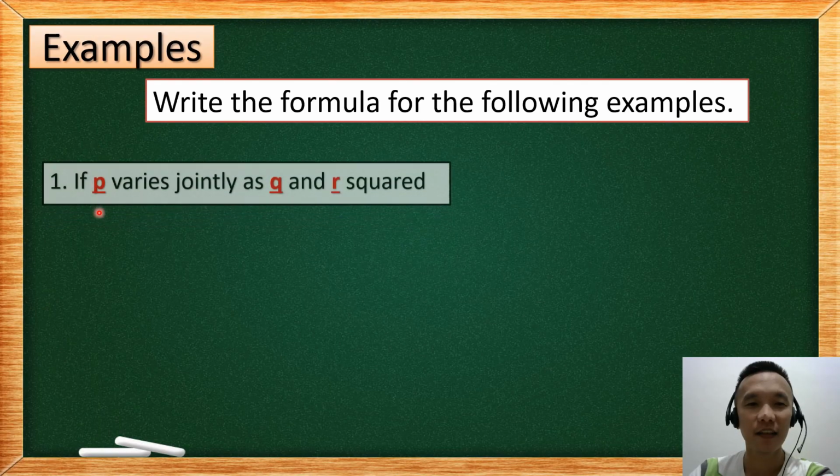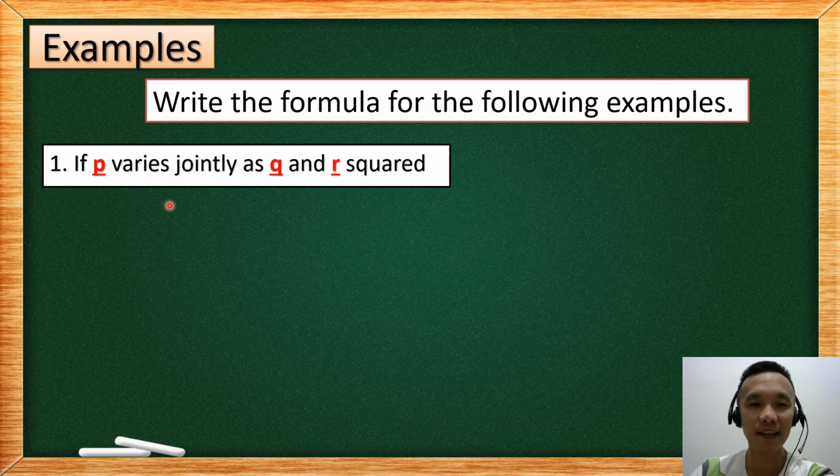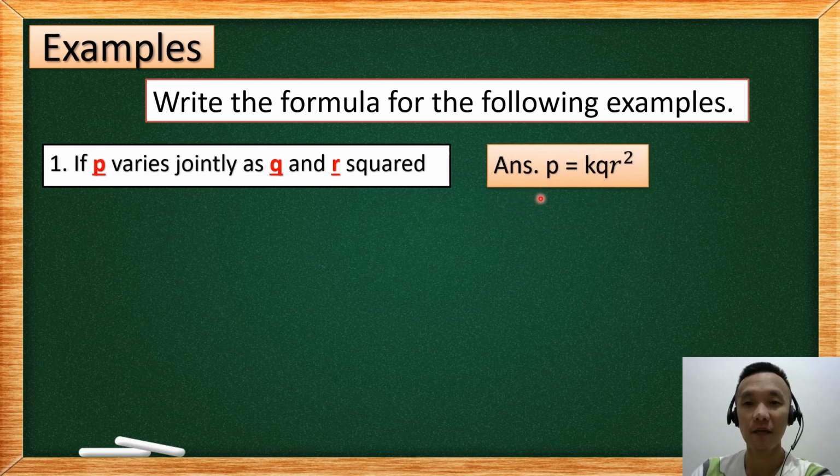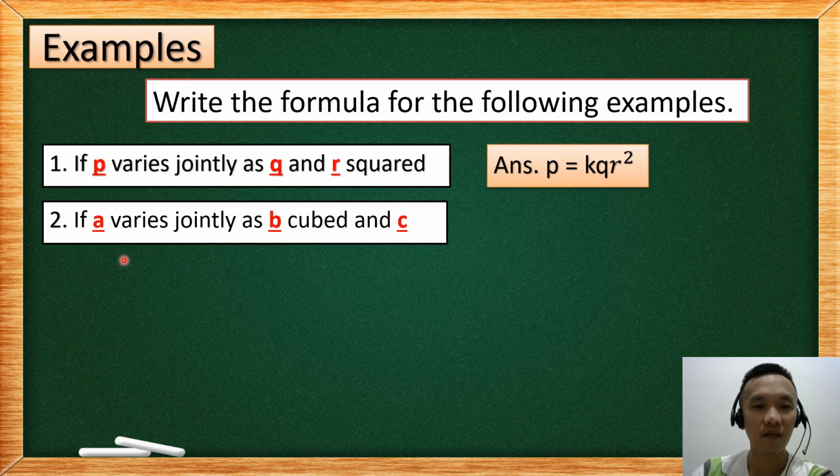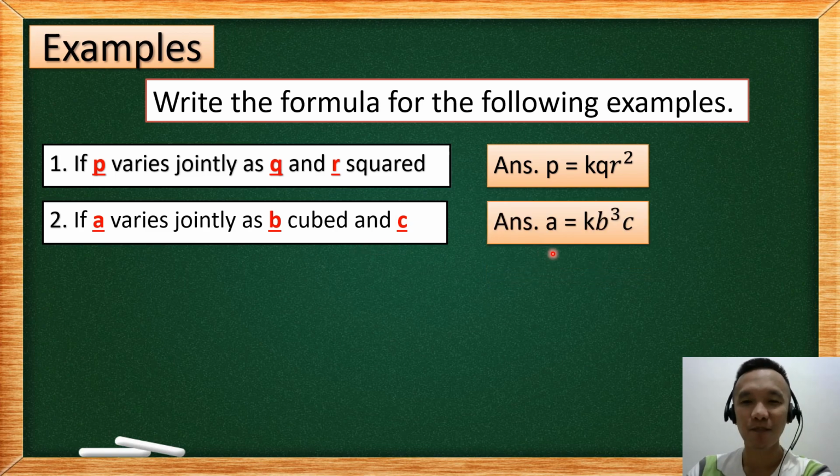So here we have, if p varies jointly as q and r squared, you will have p equals k times q times r squared. Second, if a varies jointly as b cubed and c, its formula is a equals k times b cubed times c.